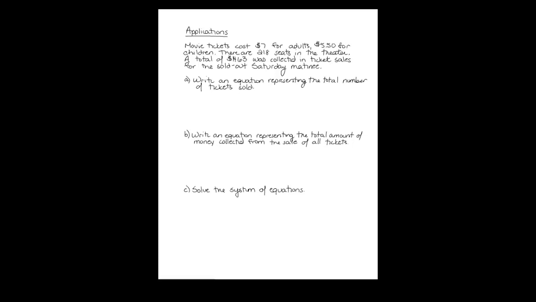So part A has you write the first of the two equations. Write an equation representing the total number of tickets sold. All right, that is your clue. So first step, let's come up with some variables. You could always use X and Y, but particularly in application problems, it's helpful to use a letter that kind of represents the variable.